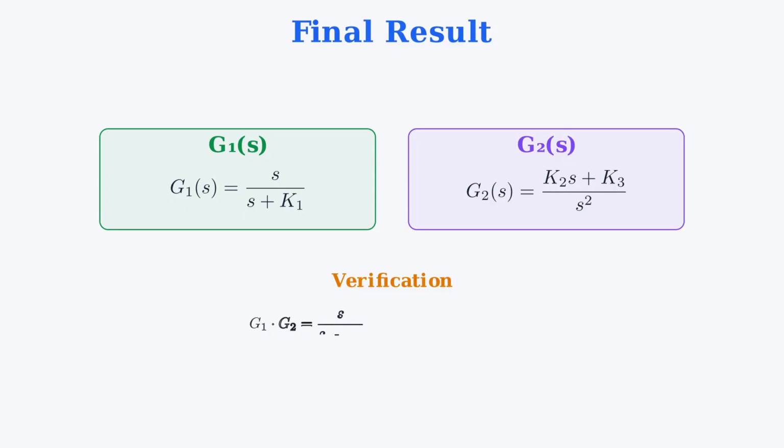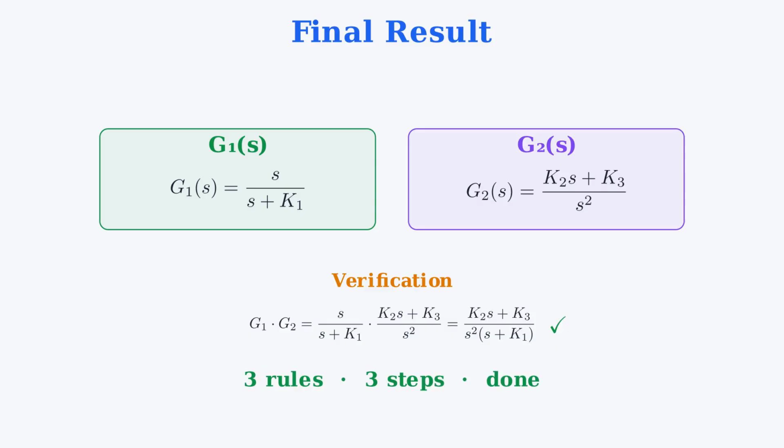For the input U, the signal goes through G1, then G2. G1 times G2 equals S over S plus K1 times K2S plus K3 over S squared. That gives K2S plus K3 over S squared times S plus K1.